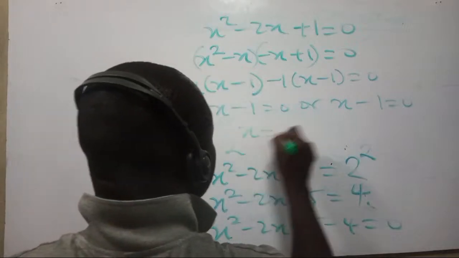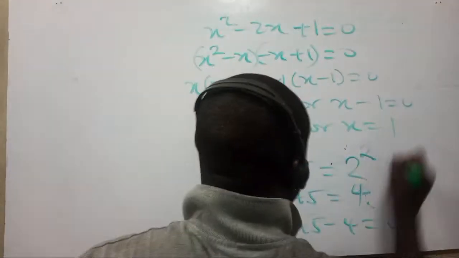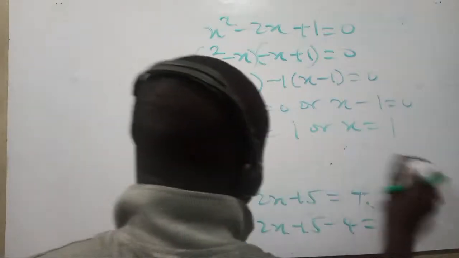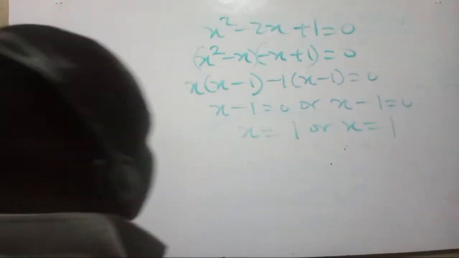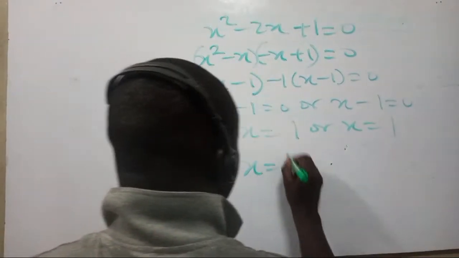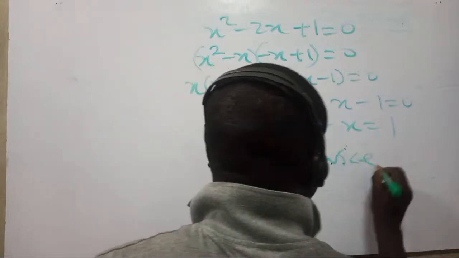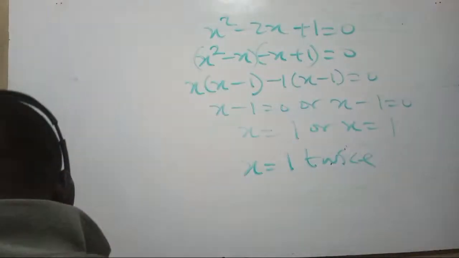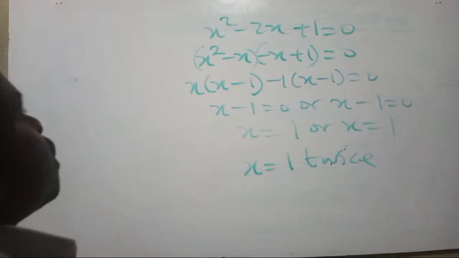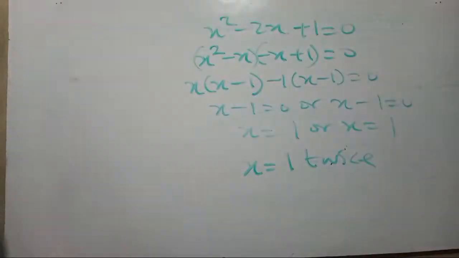So x is equal to 1 or x is equal to 1. From what I have on the board, the two roots of this equation are x is equal to 1 twice. Since there is repetition, this is how we write it: S is equal to 1 twice. So this is how to solve equations involving logarithm that we refer to as logarithmic equations.